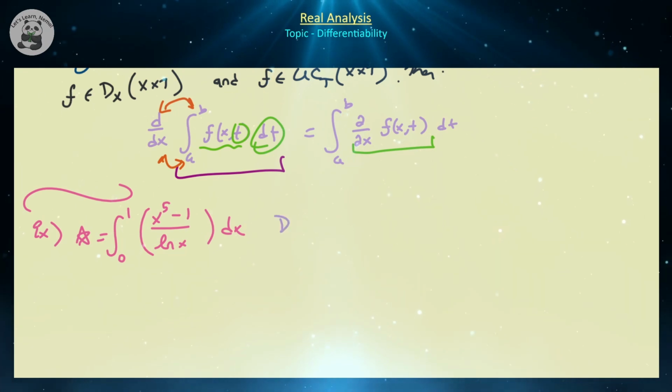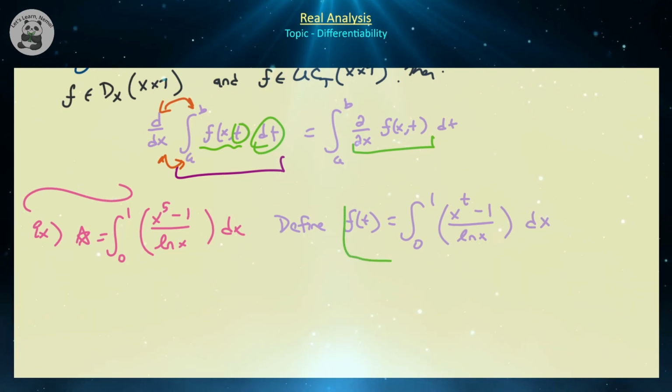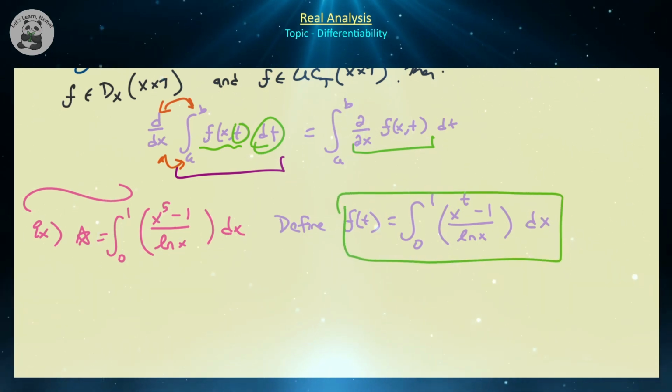What we're going to do is we're going to begin by defining f of t. Notice that there's no t in this integral at all, but I'm going to introduce it. I'm going to call this the integral from 0 to 1 of (x to the power of t minus 1) over the natural log of x, dx. So this is a new function, an integral defined function, and it has two important properties.